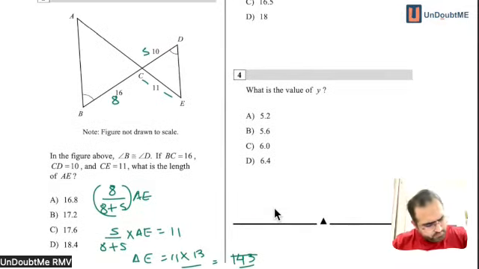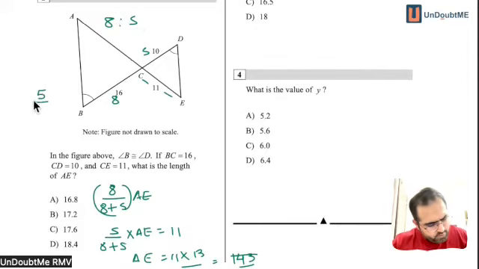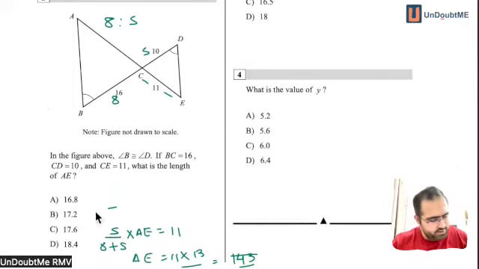Wait. So I did 11 over 5 is equal to 8 over x and then cross multiply. That will be better. How much are you getting? 17.6. So prefer that method only.